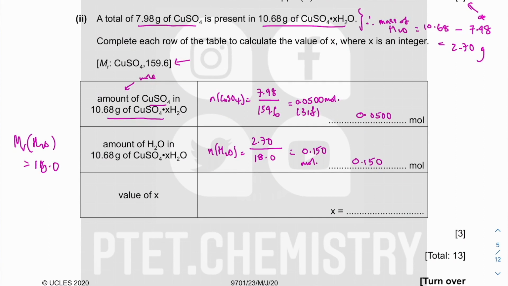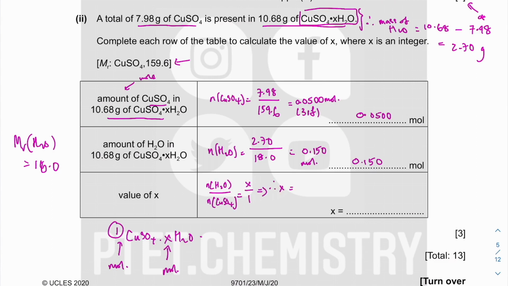Yeah. What do you notice about this formula? When you have CuSO4.xH2O, this is mole, and what is this here? This refers to 1 because they don't show it, right? So that means the mole of H2O over the mole of CuSO4 is equal to X over 1.